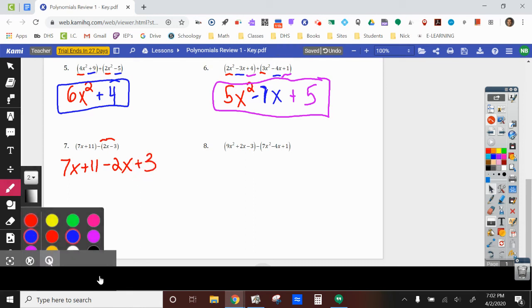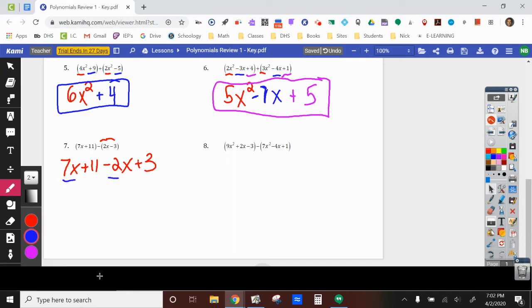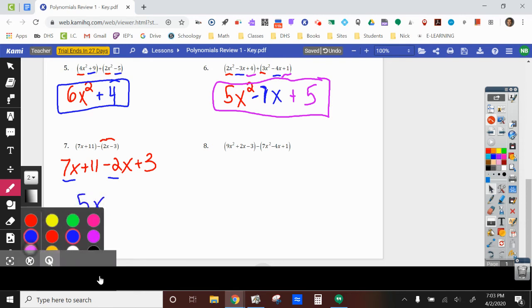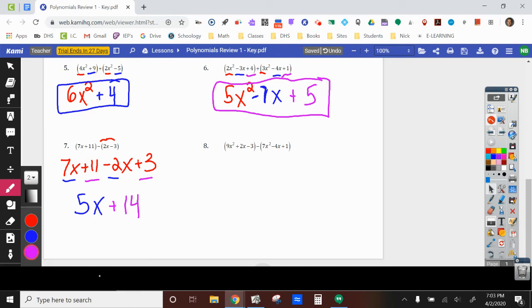After you distribute that minus sign, just like above, we're going to combine like terms. So 7x minus 2x will give me my 5x. And a positive 11 plus 3 more is going to give me a positive 14. So now my simplified solution is 5x plus 14.